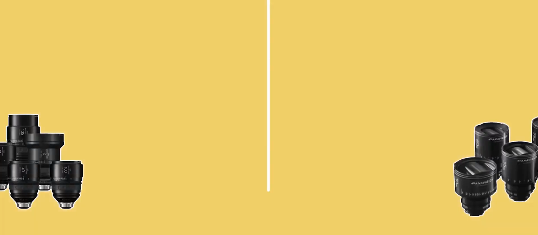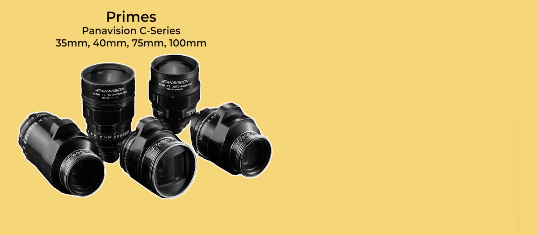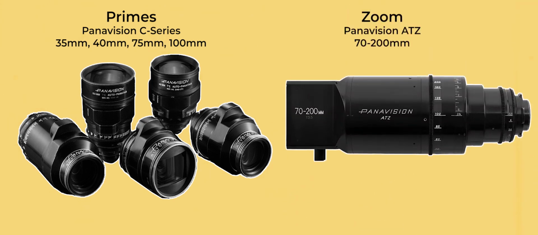For example, a modern set of spherical primes like the Master Primes come in 16 focal lengths, whereas a modern set of anamorphic primes like the G series come in 8 focal lengths. This sometimes means that cinematographers like to pair a set of anamorphic primes with a longer zoom, which may either be an anamorphized rear zoom like we mentioned before, or a front anamorphic zoom like the Panavision 70-200.